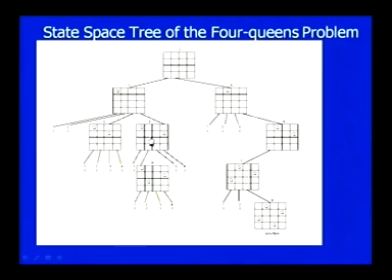By making these alterations, you keep on generating the children for each and every node, and if you continue in this particular manner, you will have a very big tree where all possible configurations are available.